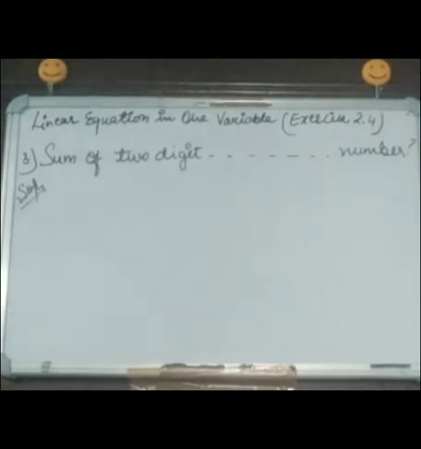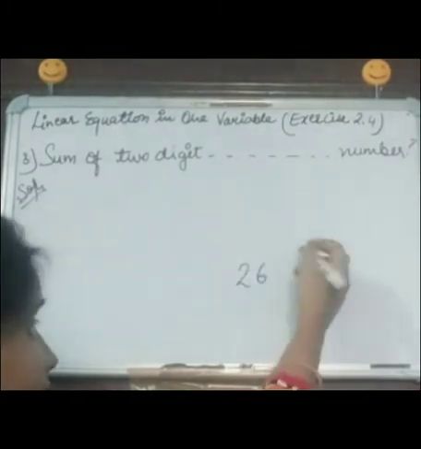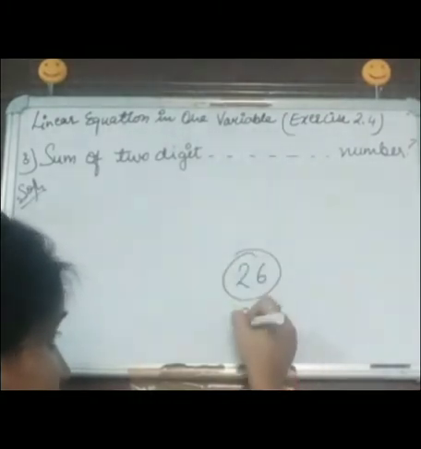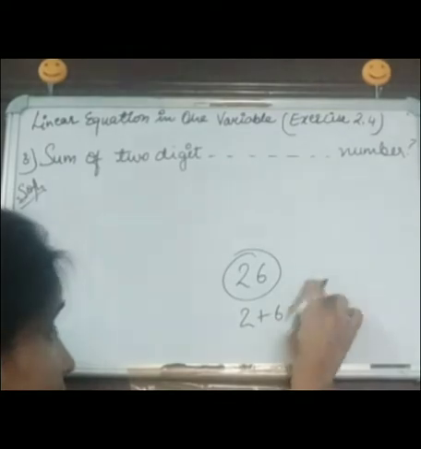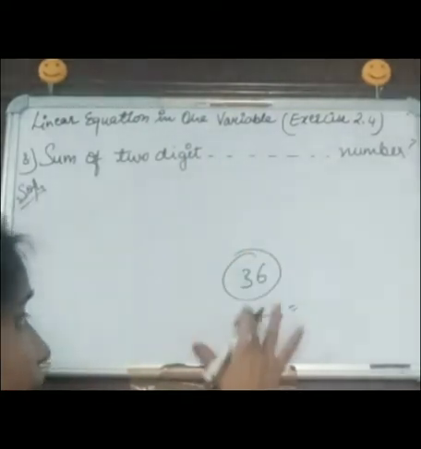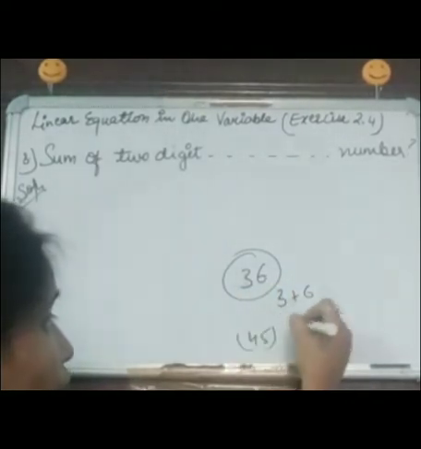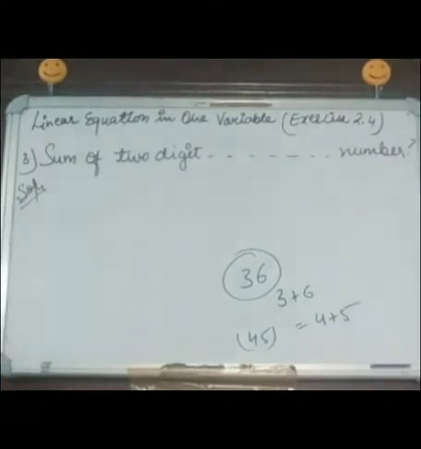So first of all, we have a 2-digit number, it can be anything, suppose 26, whatever it is, but the addition of its digits should be 9, as given. So it can be 3 plus 6, it can be 4 plus 5, it can be 45, it can be 54, 63, anything, but the sum of the digits is 9.